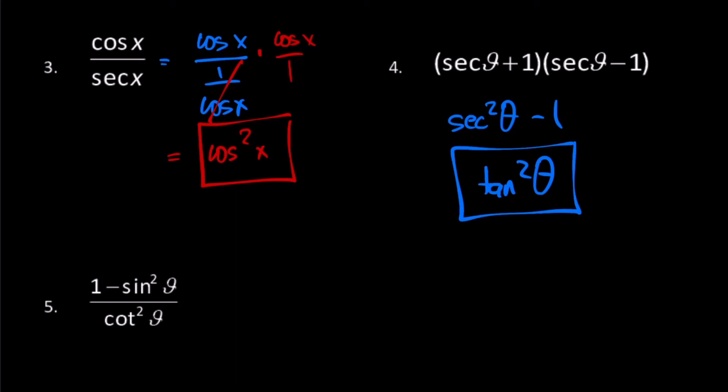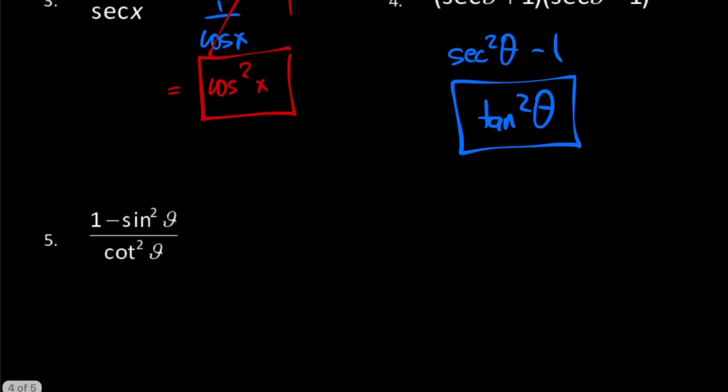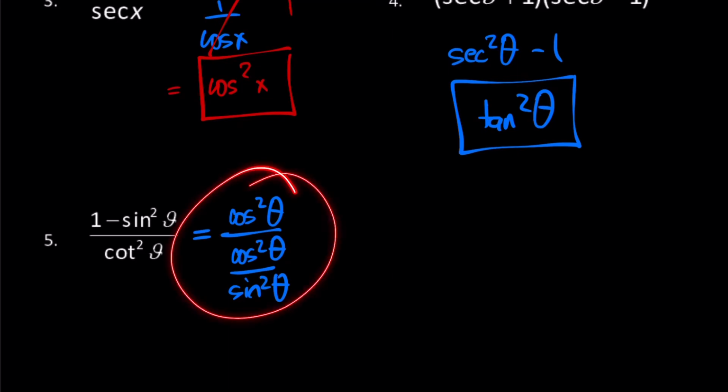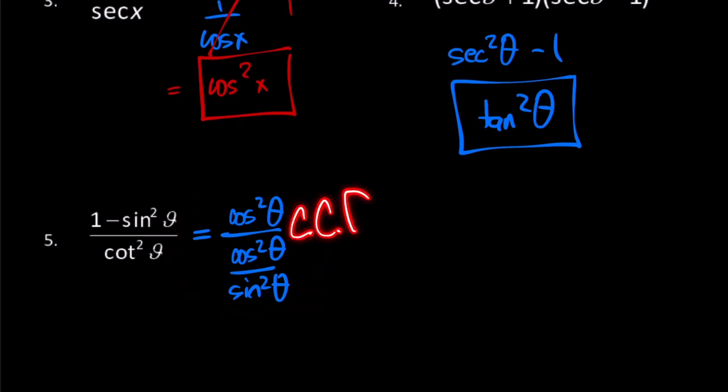All right, and the last one of this group, 1 minus sine squared over cotangent squared. So here, 1 minus sine squared, I will definitely replace that with cosine squared theta. And cotangent squared, I'm going to replace with cosine squared theta over sine squared theta. Now, we've got a complex fraction again. Copy, change, flip.